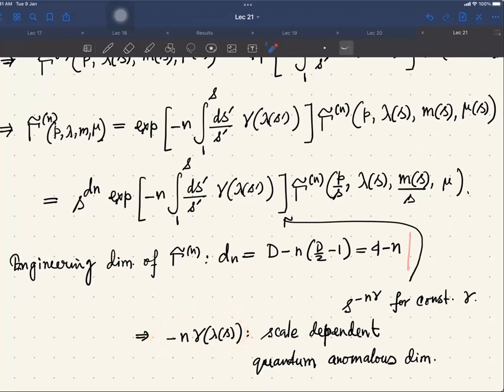So this is a scale dependent quantum anomalous dimension. Gamma is that per external leg. So that's the interpretation. Okay.